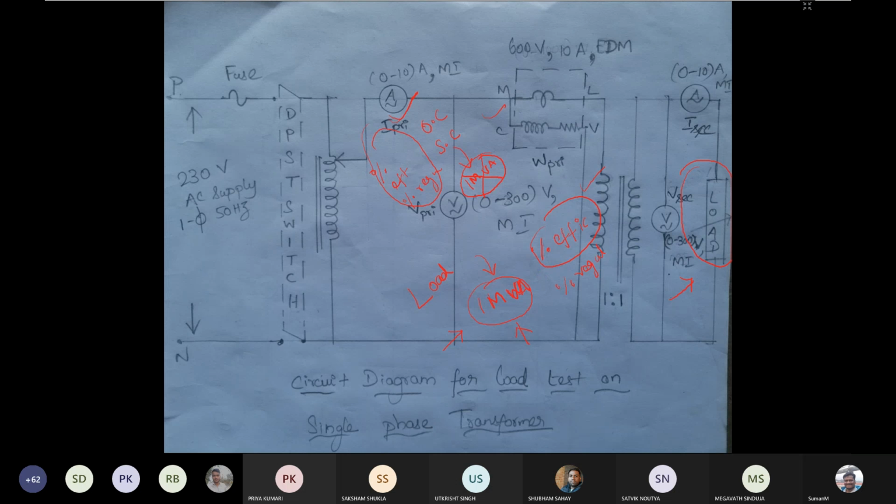So when you go for the load test, you can obtain the efficiency and percentage voltage regulation in a more accurate manner. The efficiency you calculate is more accurate than the other tests, but the only drawback is that the power capacity of the source should be equal to the power capacity of the transformer.